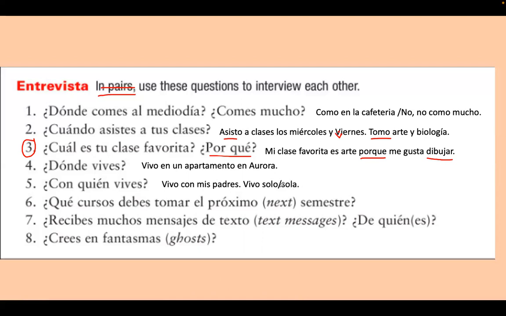Yes, solo, sola. 6. ¿Qué cursos debes tomar el próximo semestre? Debo tomar arte e inglés. Now the verb debo, that is kind of must. I must take art and English.